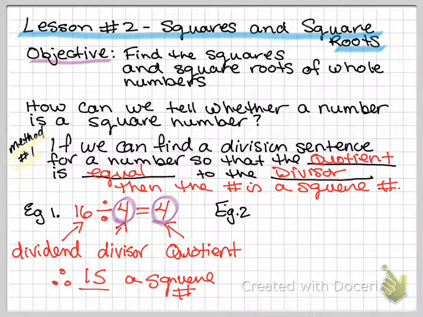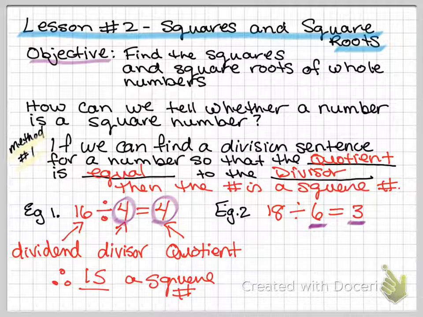Let's look at another example. If I have the number 18, and I want to divide that by, maybe, 6, 18 divided by 6 equals 3. In this case, is the divisor equal to the quotient? Nope, it's not.